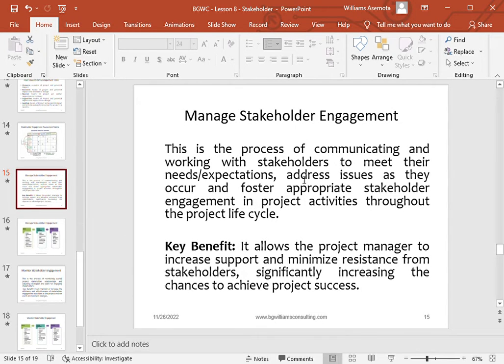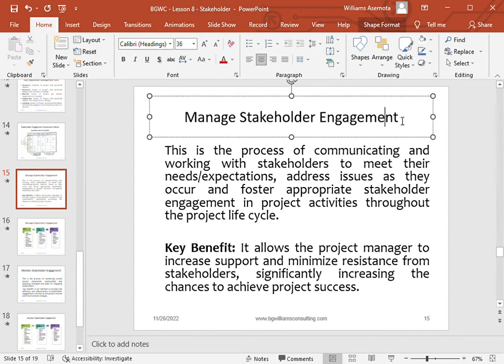So manage stakeholder engagement is the third process, which is actually an executing process. Which means you're already engaging your stakeholders. You can see, engage stakeholder in manage stakeholder engagement. Stakeholder engagement in this context means there is already a discussion going on.